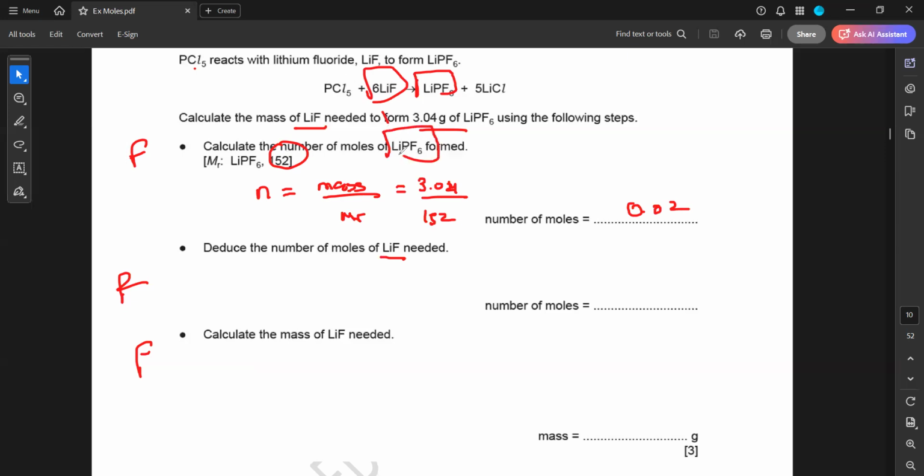So we always take a ratio between the previous and the quantity now. So the ratio between LiF and LiPF6 is 6:1. So if we have 0.02, this will be X, cross multiply. This will be 6 times the moles. So it will be 0.12.